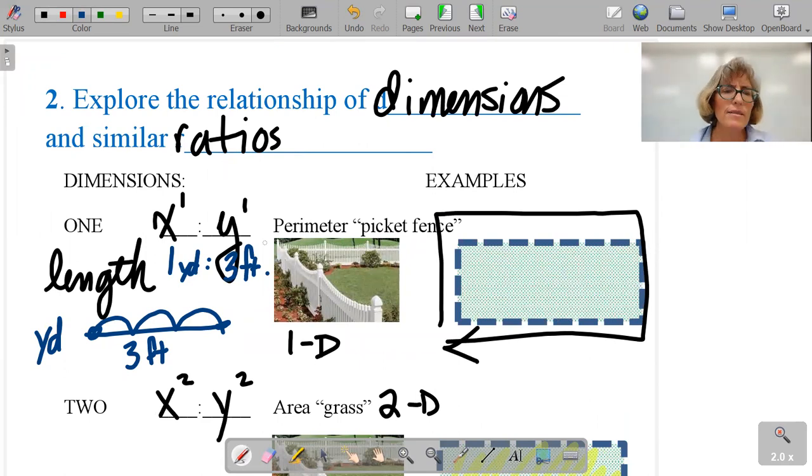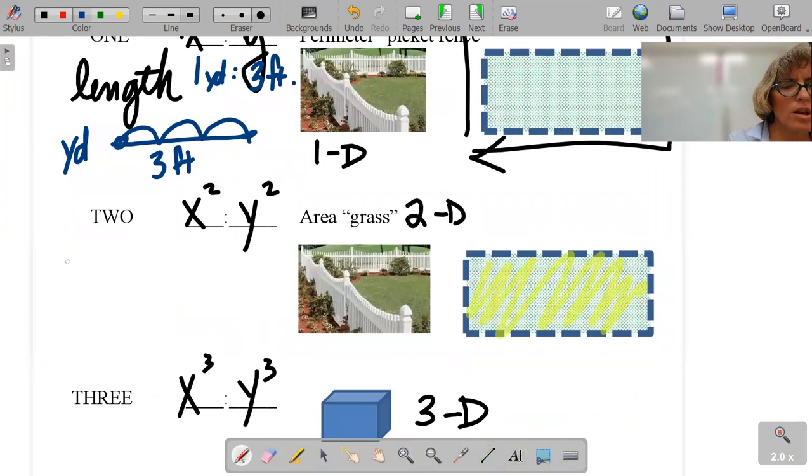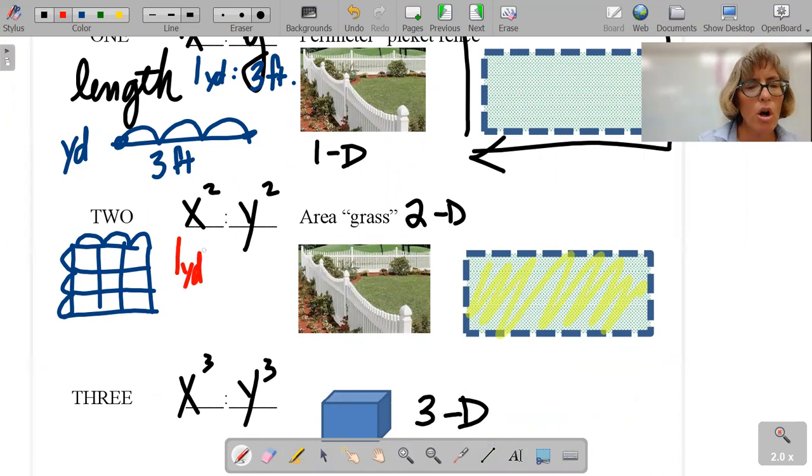Problem with that is it's only true in the first dimension. Come down here. Let's make ourselves a square yard, which is 3 feet one way and 3 feet the other. So when you change the dimensions, you change the ratio. Now, 1 yard squared equals 9 feet squared.